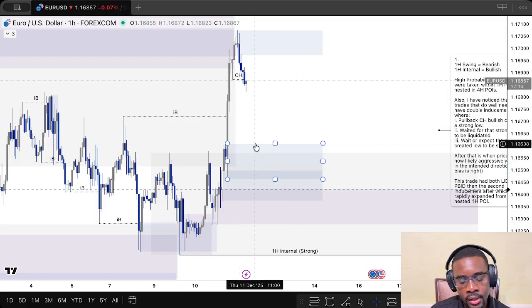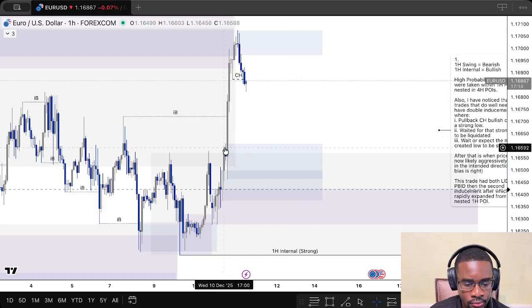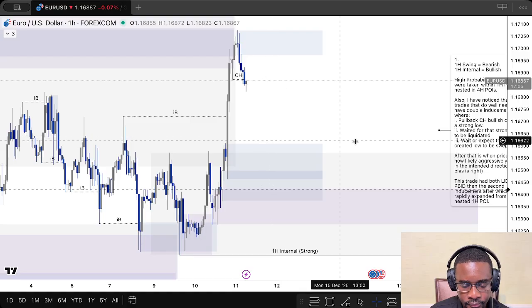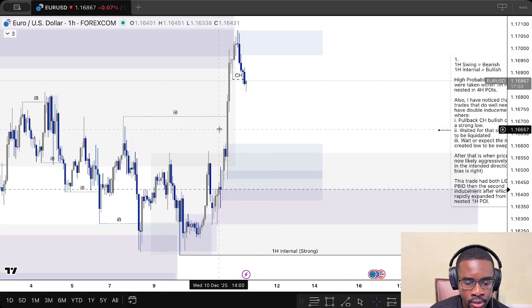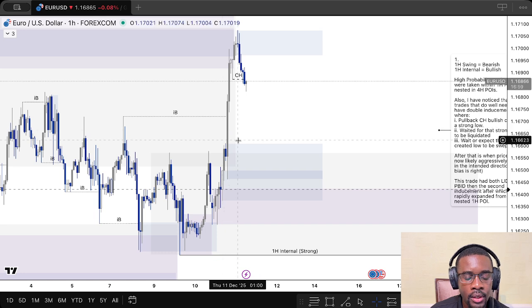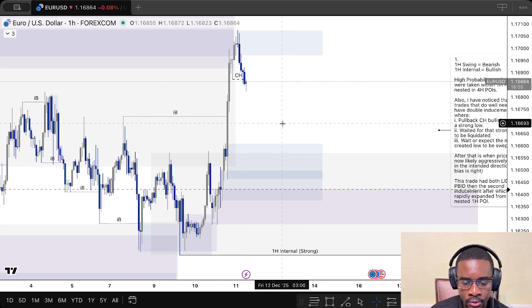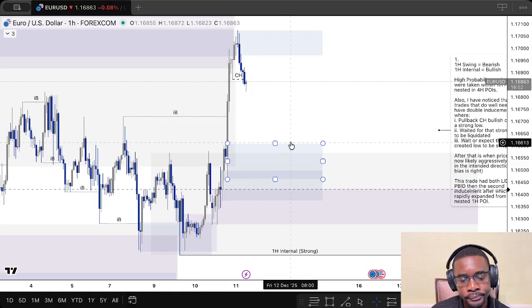The top one may be low probability because it's just a bearish candle, and all candle highs are breaking previous candle highs, and we don't have any inducement on the leg, so we'd have to wait for inducement on the pullback.